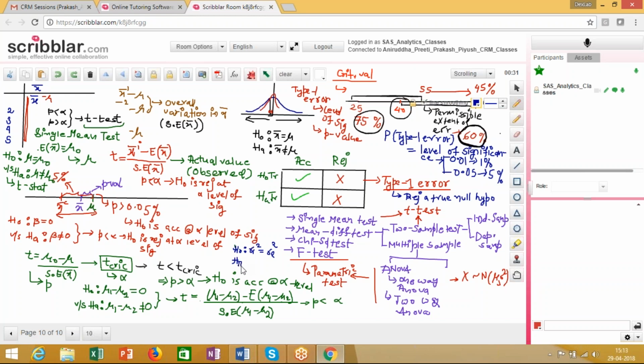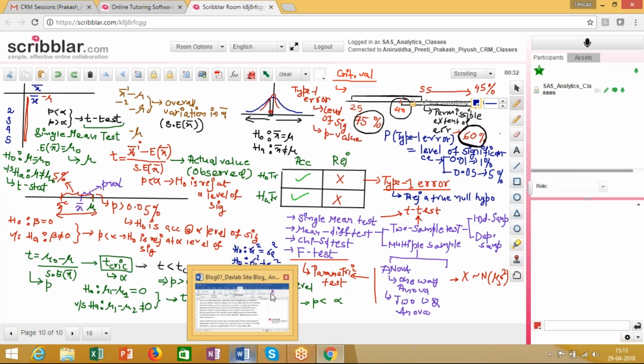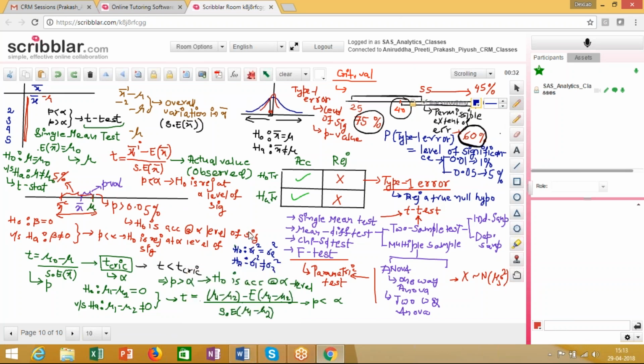The HA over here is sigma 1 square not equal to sigma 2 square. So we need to do this variance check and ensure that the variances in the two data sets are equal, so there is not much significant difference between them.